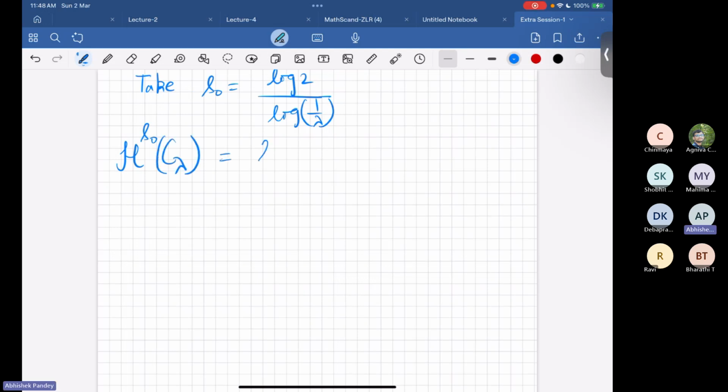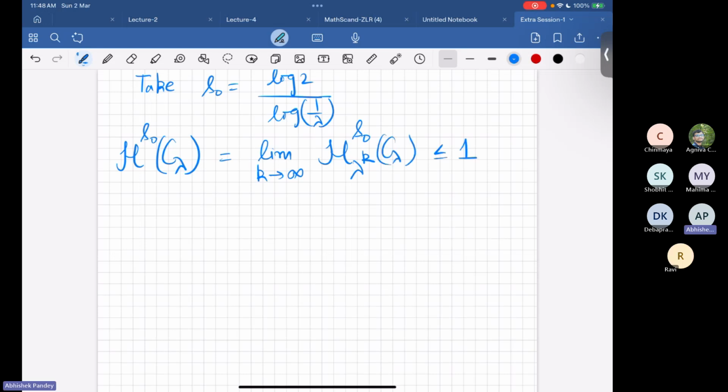So this we can take as limit k tends to infinity H^{s naught}_{lambda^k} of C lambda, which is nothing but less than or equals to 1. Okay, so thus, as I said earlier, the Hausdorff dimension of this C lambda is less than or equals to s naught.